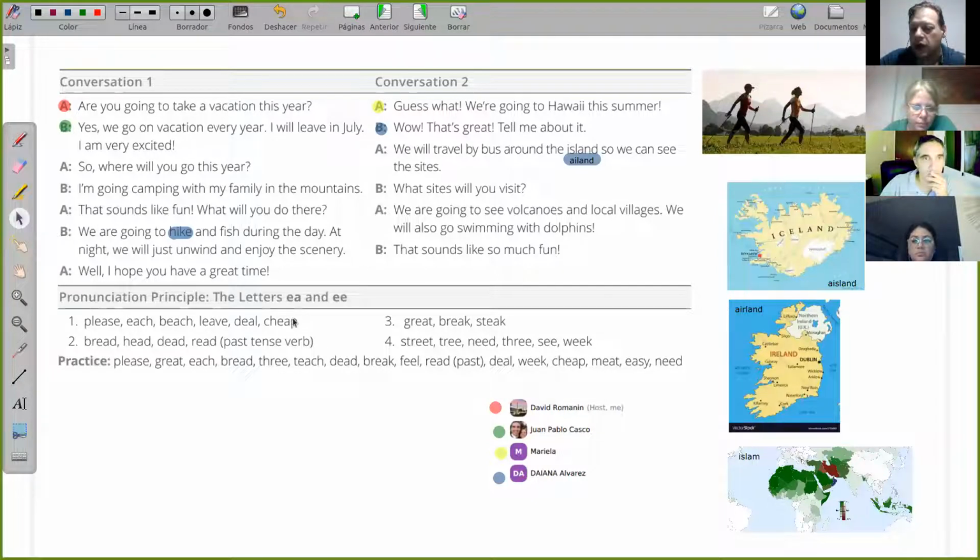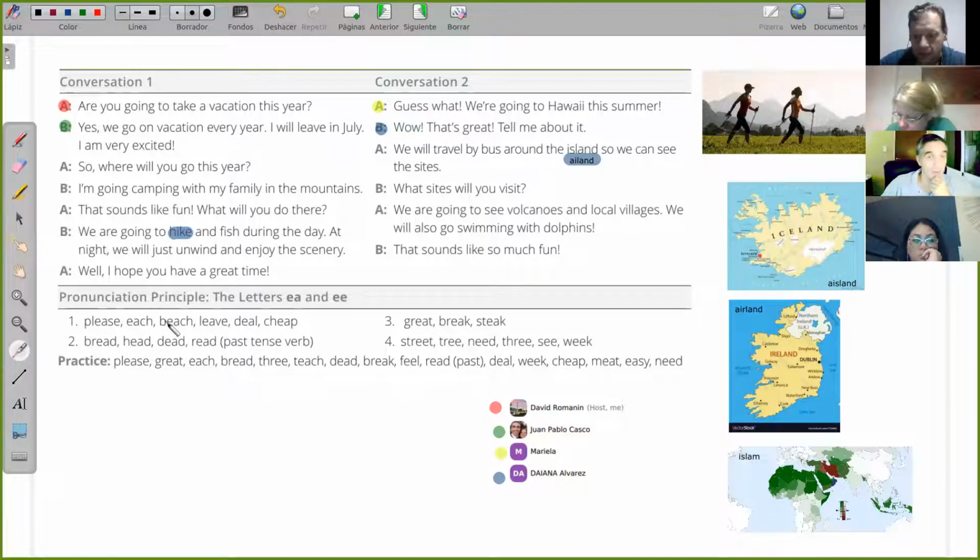And you may find at least one in each group that you know the pronunciation of. Juan, pick one of the first group. Pick one, choose one and say it. Please. Okay, please. That's the pronunciation. Now let's go with the pronunciation of all the ones that are in the same group. If they are in the same group, they share something. Okay, so we have please.